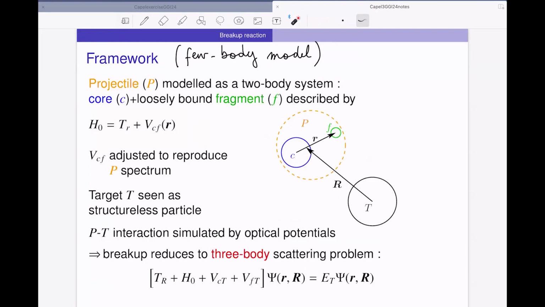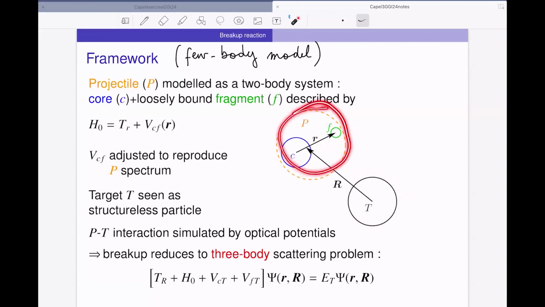I assume that the projectile is seen as a bound state of a core, of which I will not consider the internal structure, a fragment, which is this valence nucleon, and a target, and I will also neglect the structure of the target. So it's a very simple model, but it makes sense when you think of the energy levels that you consider, and the channel of the reaction that you're looking for.